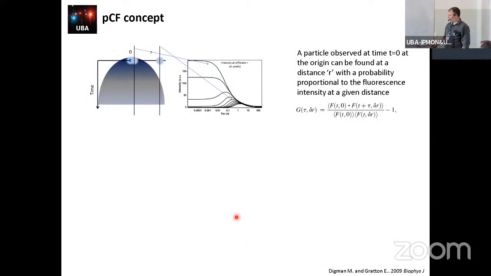Just to remind you, what we are talking about is, if you have a molecule coming from here, right, from 0, and you want to see if you will catch this molecule at a certain distance, you see by the probability of finding the molecule that, if you wait the time tau, the molecule will get there.